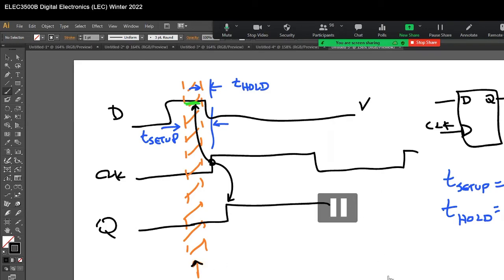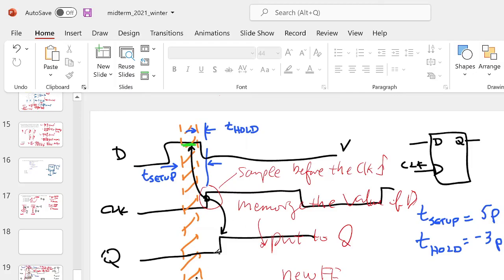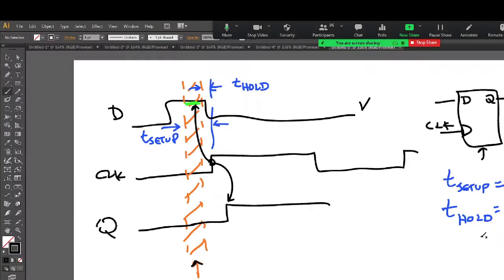Professor, do we determine the restricted region or is it predetermined for us? The restricted region is just something you're given. When you make a circuit and you're given this flip-flop, you'll be given these parameters, right? You'll be given 3 parameters for your flip-flop.